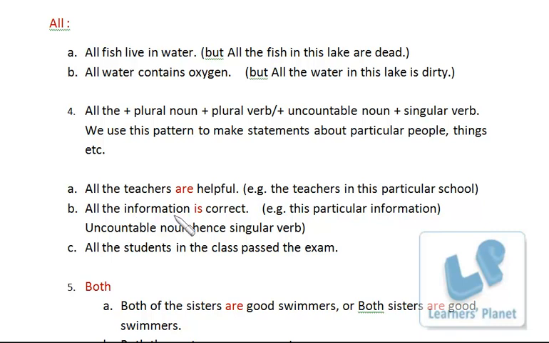All the information, the particular information we are talking about, and information is uncountable, so we are using singular verb, right? All the students in the class pass the exams. Again, students, the we are using because we are talking about a particular class, and all the students in the class passed the exams. There is no need to specify the verb.